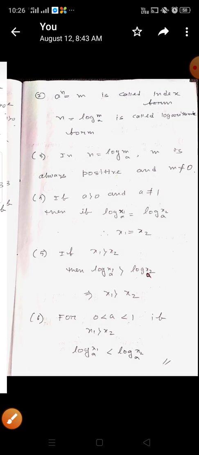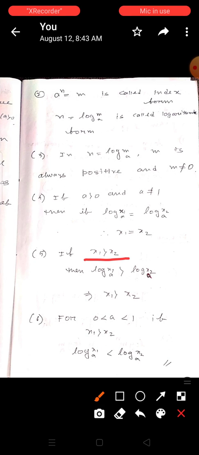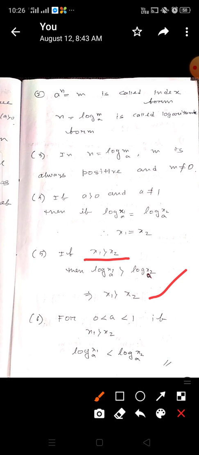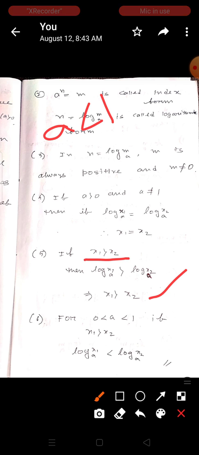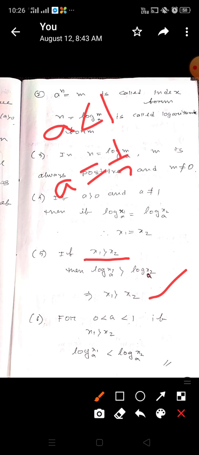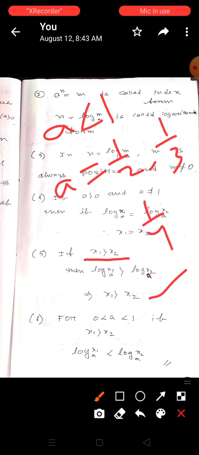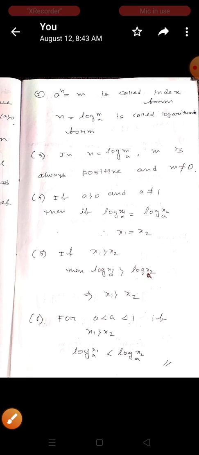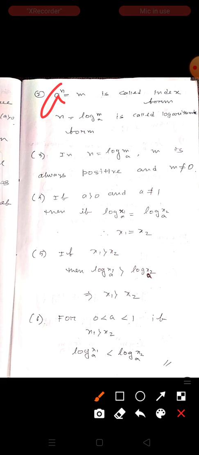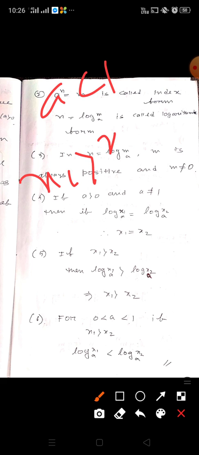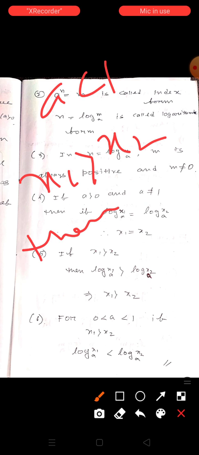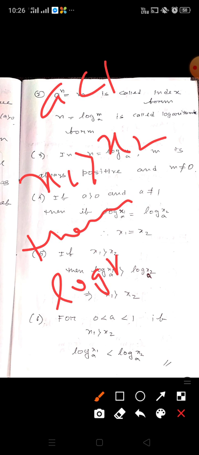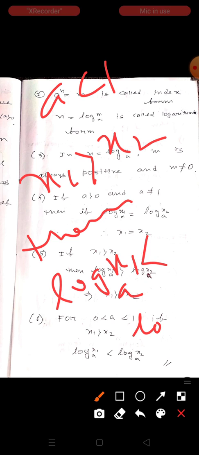Second, if x1 is greater than x2, then log of x1 is greater than log of x2, for a greater than 1. Suppose a is less than 1, meaning a is a fraction like 1 by 2, 1 by 3, 1 by 4. If a is greater than 0 and less than 1 and x1 is greater than x2, then log of x1 to the base a is less than log of x2 to the base a.